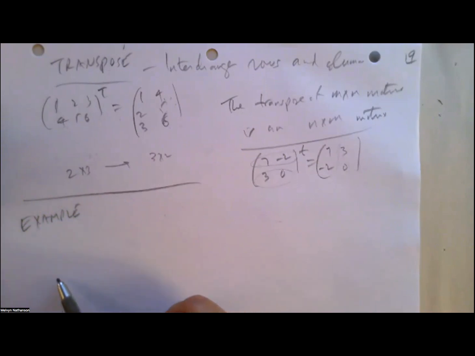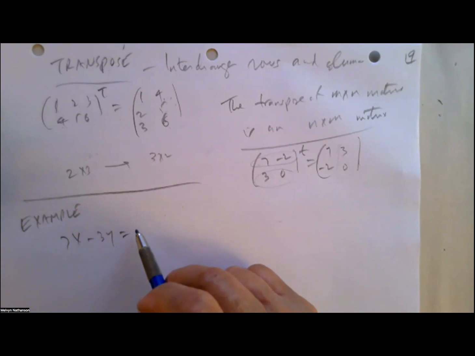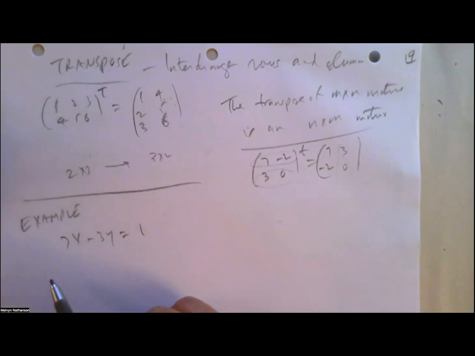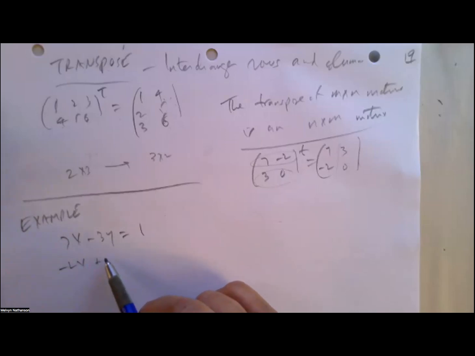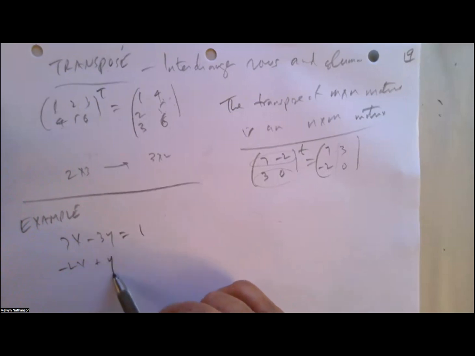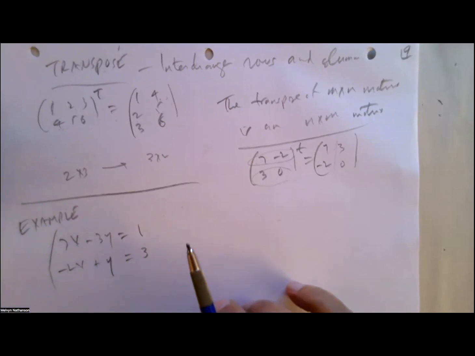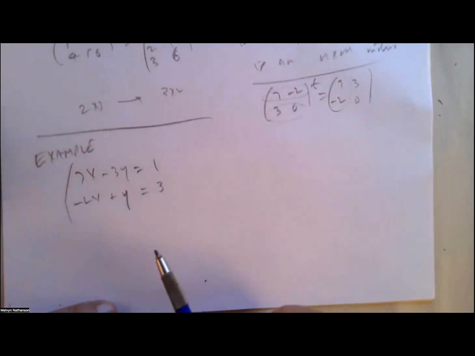Suppose I have the equations 7x minus 3y equals 1, minus 2x plus y equals 3. So this is 2 equations and 2 variables, inhomogeneous.